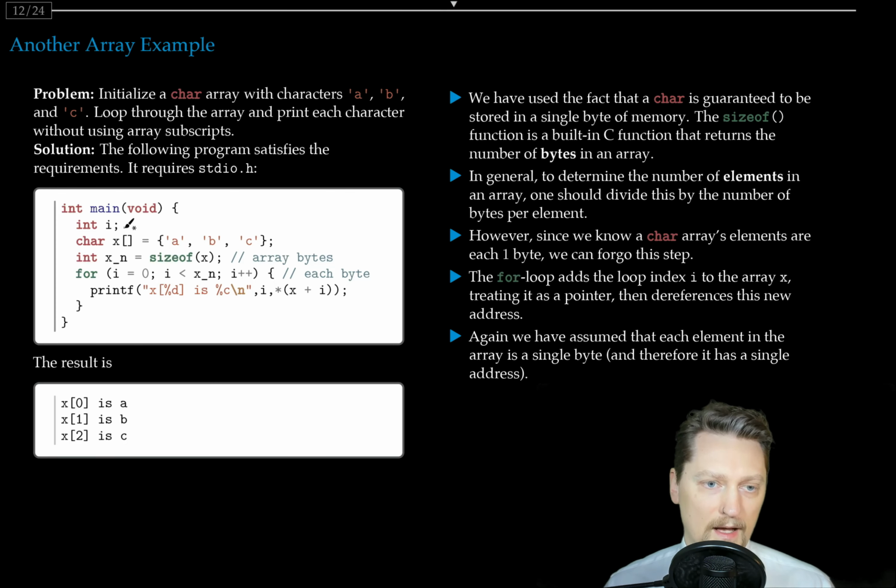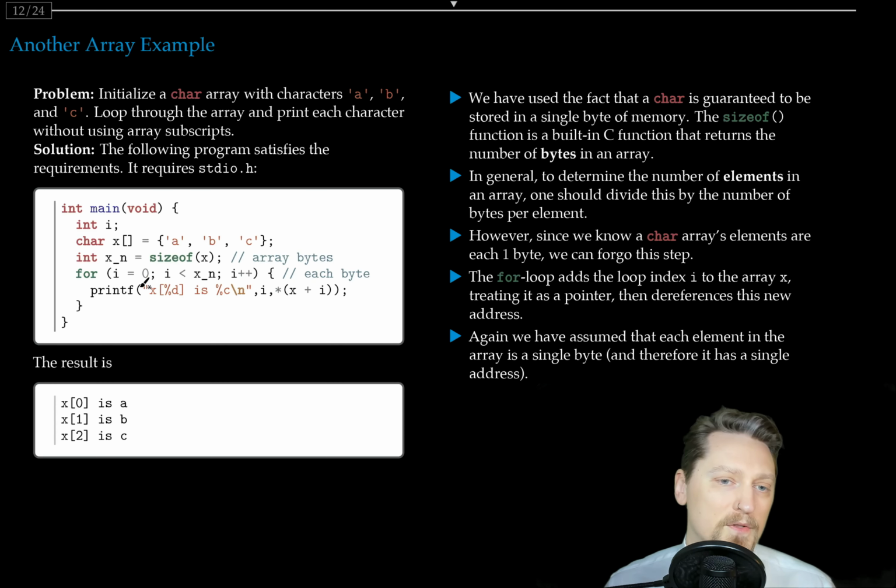So int i, declare i to be an integer, declare x to be an array of characters, and initialize it to A, B, and C. Int xn equals sizeof x, which is the number of bytes in the array.